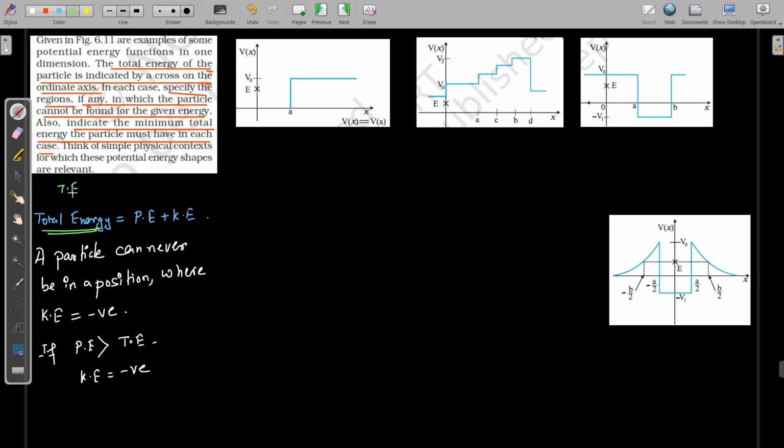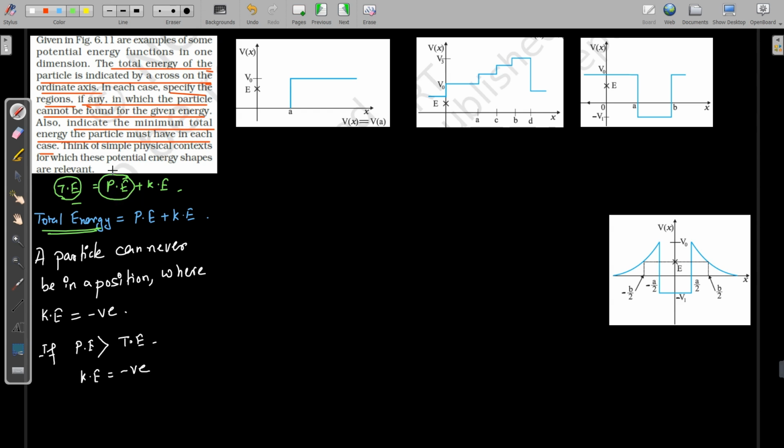Total energy is equal to PE plus kinetic energy. So, can by any chance potential energy be greater than total energy? No. Because total energy we are getting by the sum of potential plus kinetic.